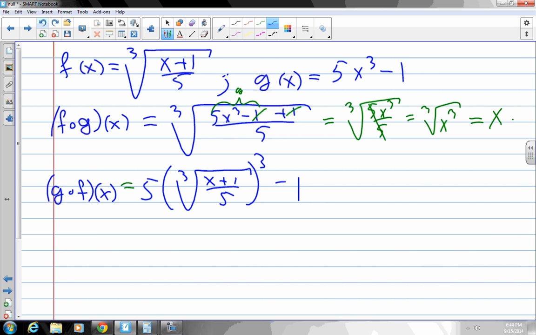Right, that's the composition the other way. So then again, order of operations, you're cubing the cube root. That gets rid of the cube root. So this becomes 5 times x plus 1 over 5 minus 1. Is that okay? So the 5's cancel. So that's x plus 1 minus 1. So that's x.